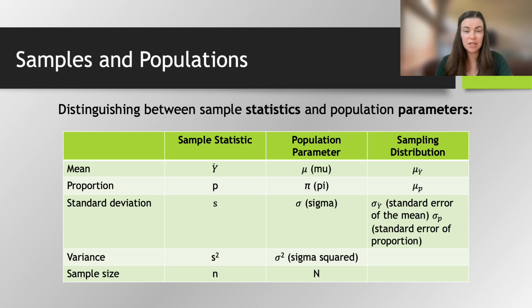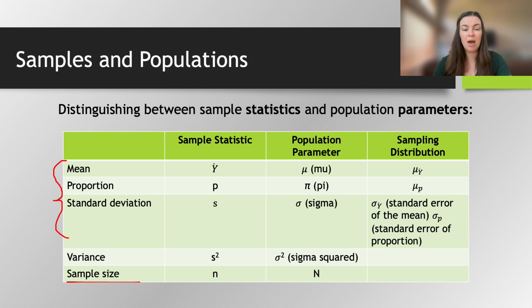Just as a revisiting here before we dive into our steps of hypothesis testing, let's distinguish between our sample statistics and population parameters. You've seen this chart in previous videos, so I won't spend too much time on it here, but if you do need a refresher, the main ones that we will be working with here are means, proportions, and standard deviations, also a little bit with sample sizes here at the bottom.